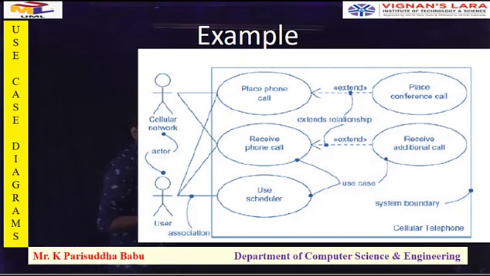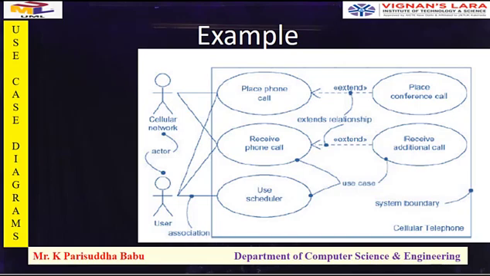The cellular network connects the place phone call and the receiving a phone call, but it will not connect the scheduler. The scheduler is connected only with the user.